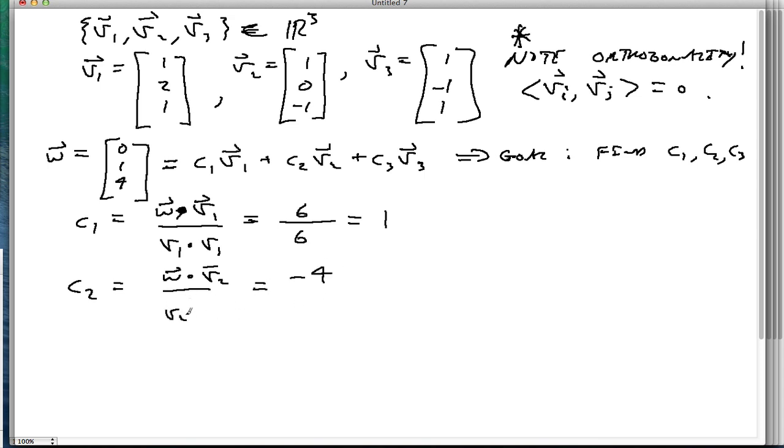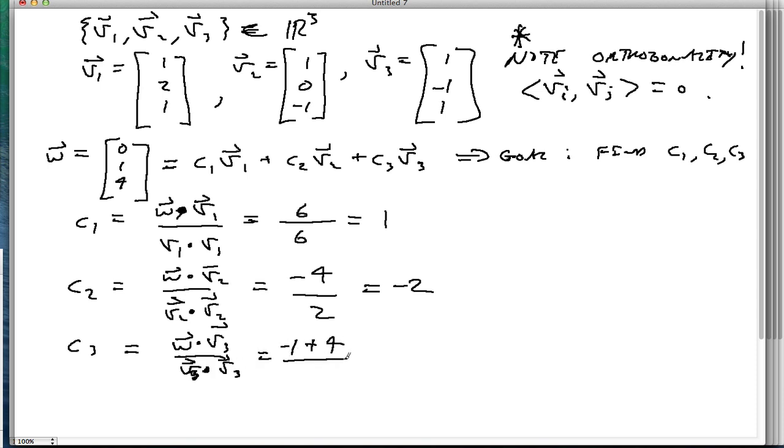And the dot product of V2 with itself is going to be 2, which leaves us with negative 2. And C3 is now going to be the dot product of W with V3 over V3 dotted with itself. And that becomes minus 1 plus 4 all over 3, which is 3 over 3, which is 1 again.